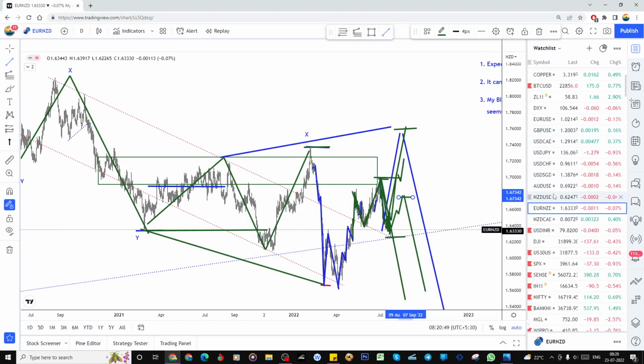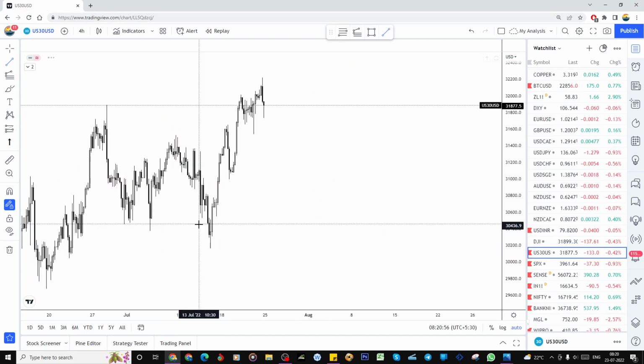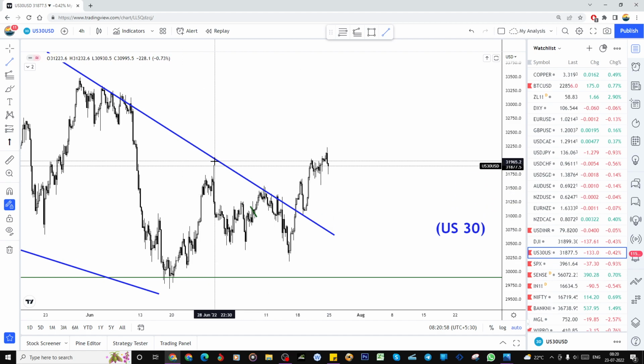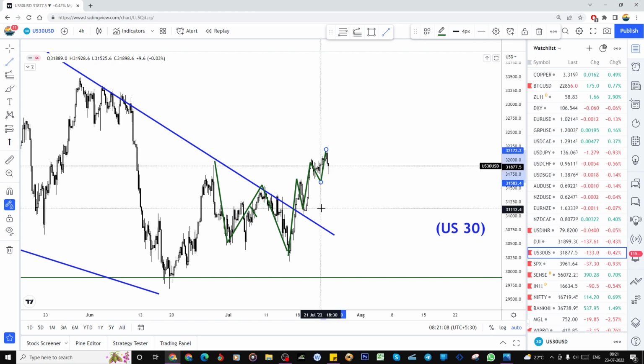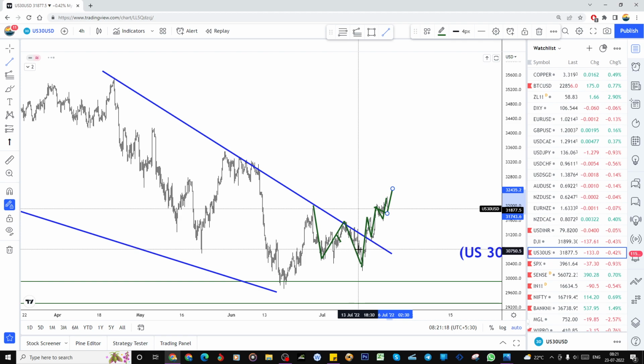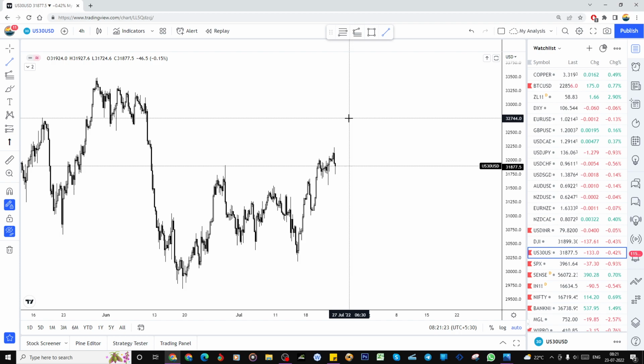US30. So once again, what we see, 1, 2, 3. After this, looking like 1, 2, 3, 4 or 5, or this could be that 4 or 5. So anyway, our view is in that bigger north side.